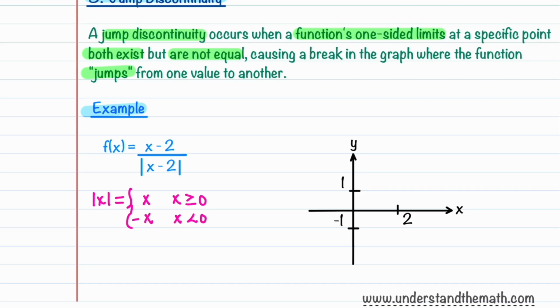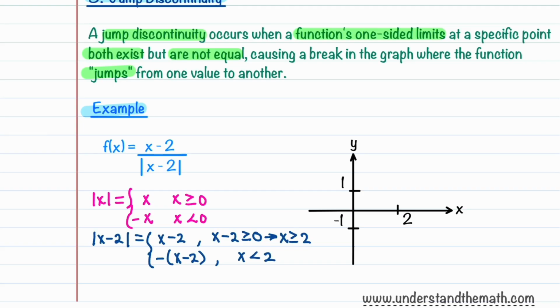We are going to use this as a guide to write down what the absolute value of x minus 2 is equal to. That is equal to x minus 2 when x minus 2 is greater than or equal to 0, which just means that x is greater than or equal to 2, or minus the quantity x minus 2 when x is less than 2.